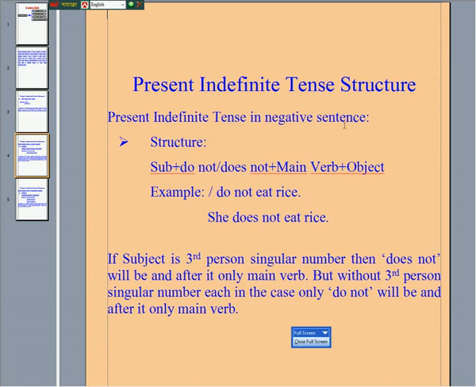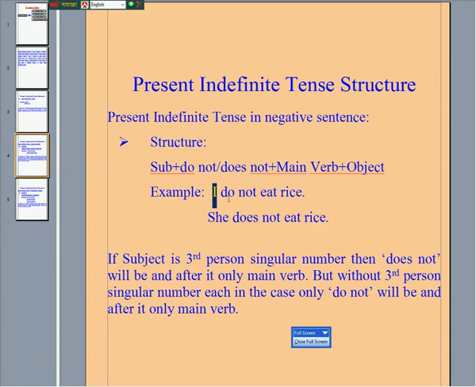Present indefinite tense in negative sentence structure. Look at the structure: subject plus do not, does not, plus main verb plus object. Here are examples: I do not eat rice, she does not eat rice.